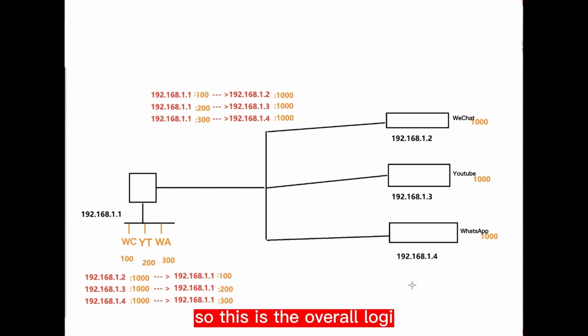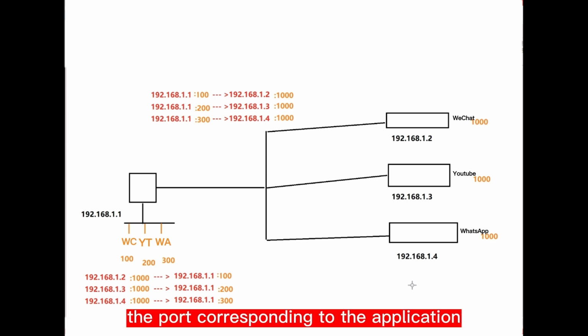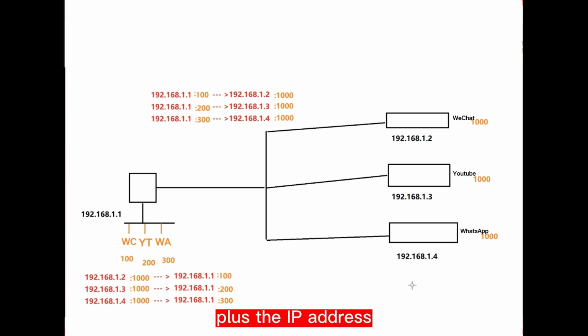So this is the overall logic of data communication. When we exchange data, instead of just taking one IP address and sending it over, we use the port corresponding to the application plus the IP address. This combination, data communication together. For the peer device, communication and visits are equal. This is data communication.